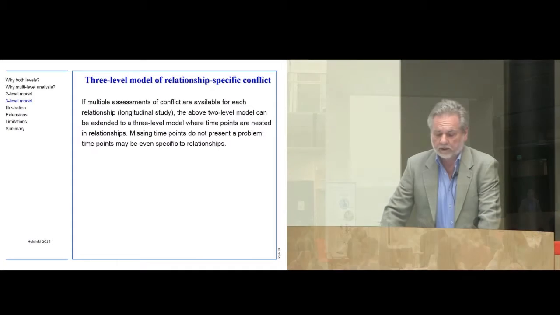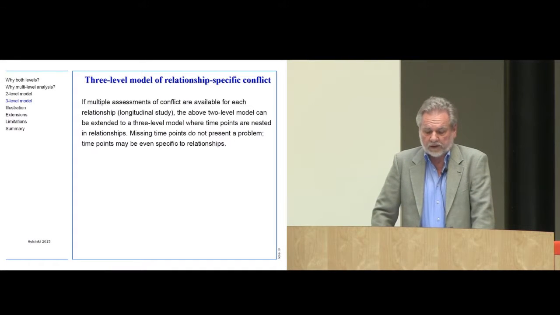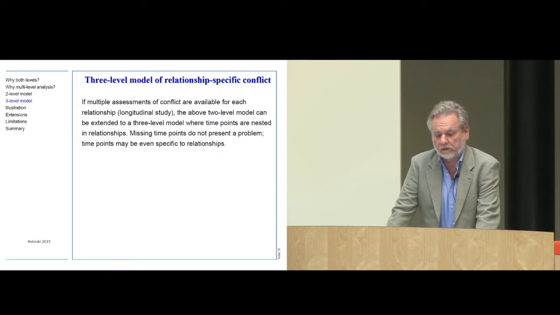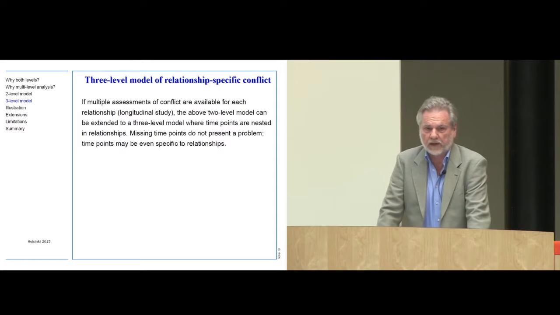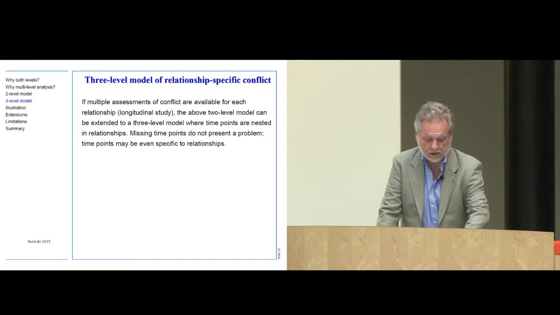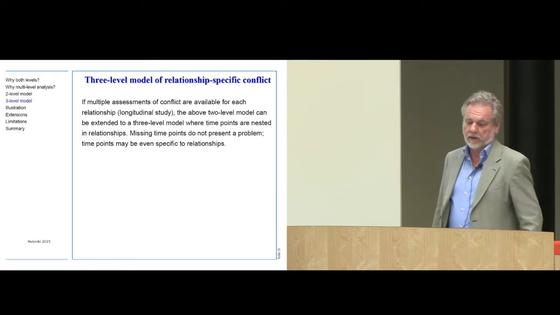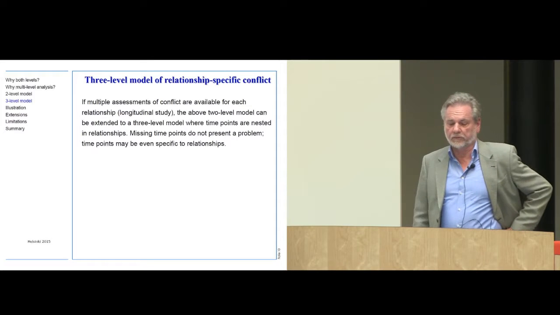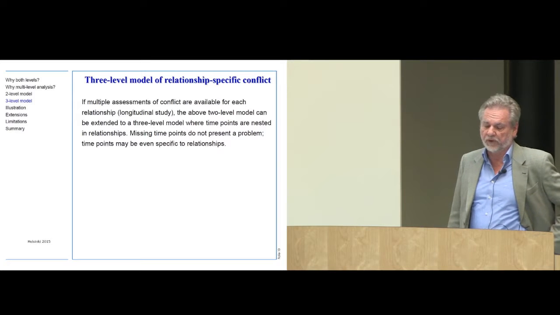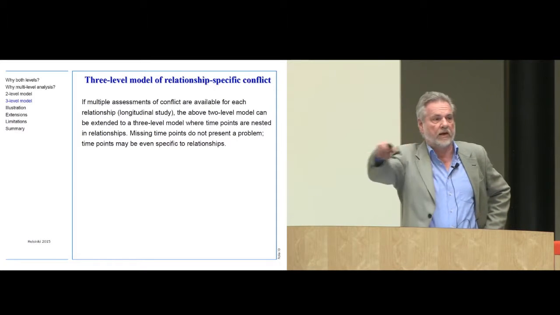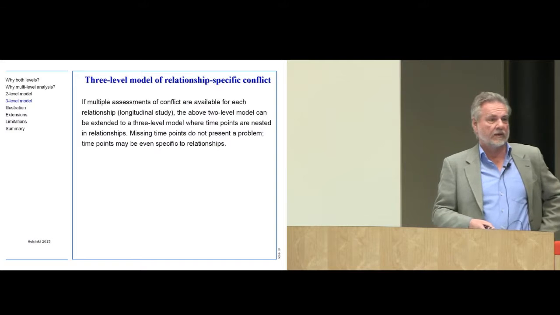Now, if you have multiple assessments of conflict, a longitudinal study, this model can be extended to a 3-level model, where time points are nested in relationships. Missing time points do not present a problem. Time points may be even specific to relationships. They can be everywhere in time.